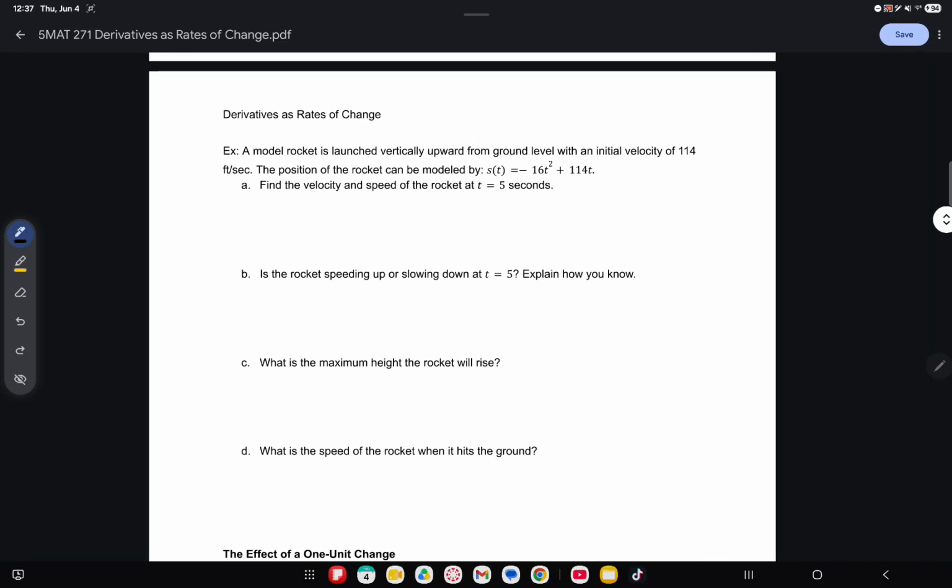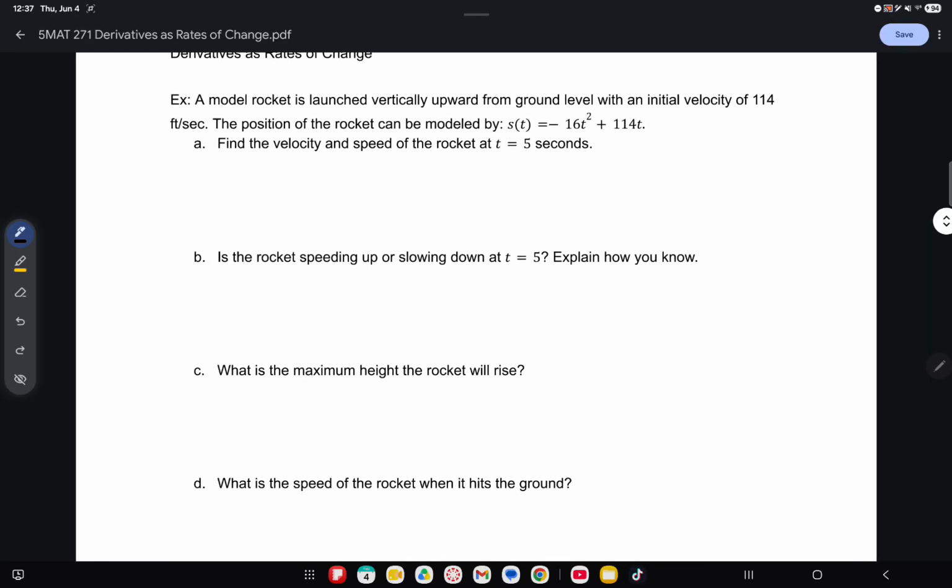Let's look at a different one. So a model rocket is launched vertically upward from ground level with an initial velocity of 114 feet per second. The position of the rocket can be modeled by S of t is -16t squared plus 114t.